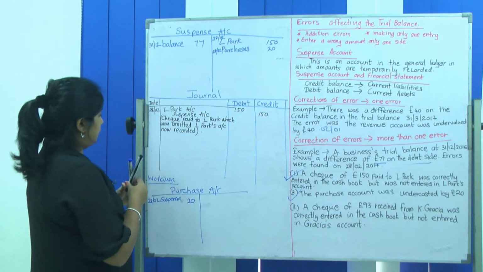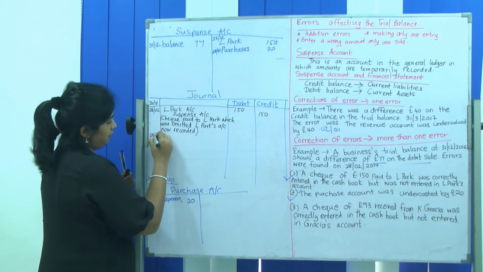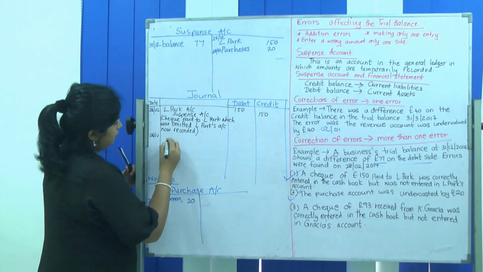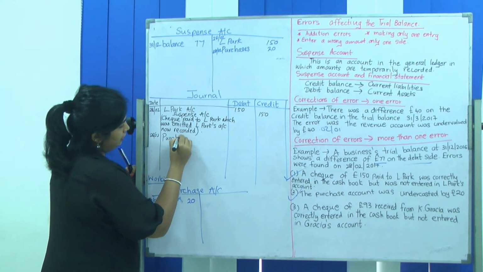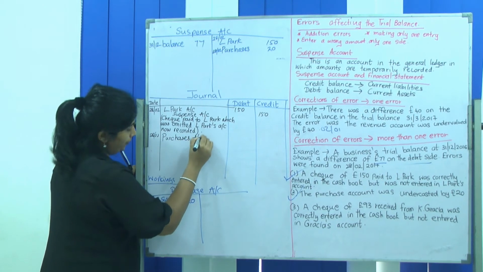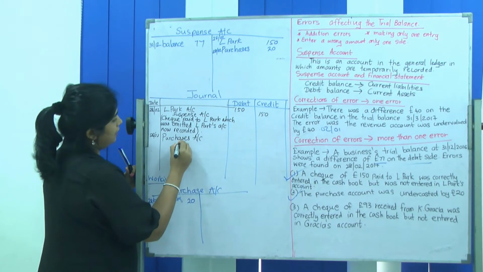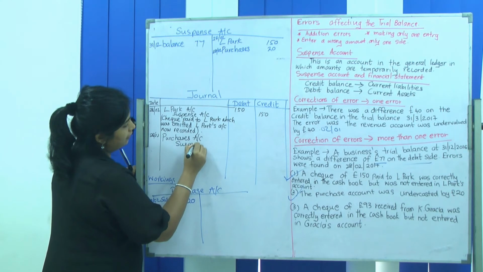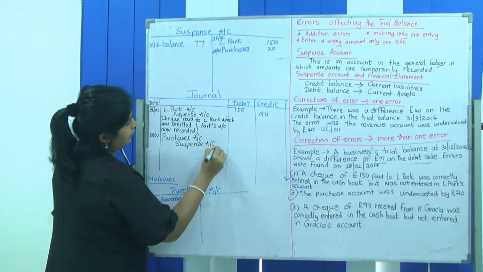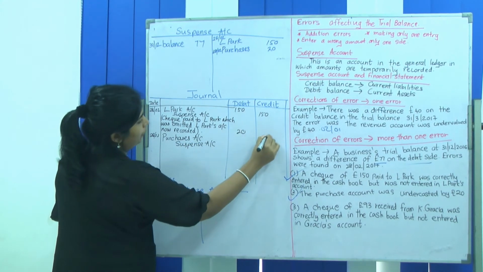The journal entry will be on the same date: purchases account debited and suspense account credited, 20 and 20.